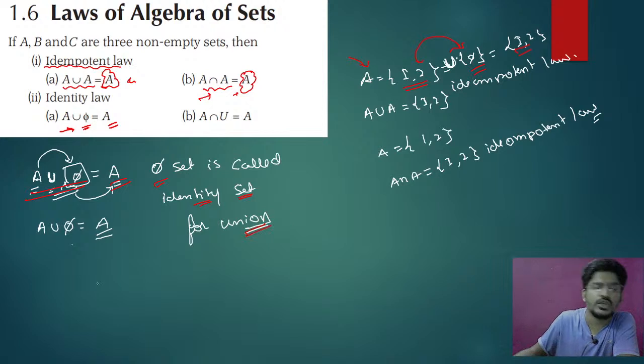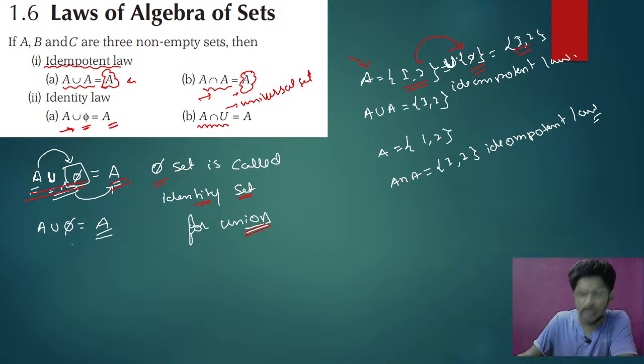In the same way, you can see here A intersection U. U means universal set. So here A intersection universal set will give you A. For example, I will take U as {1, 2, 3, 4}. A is {1, 2}.